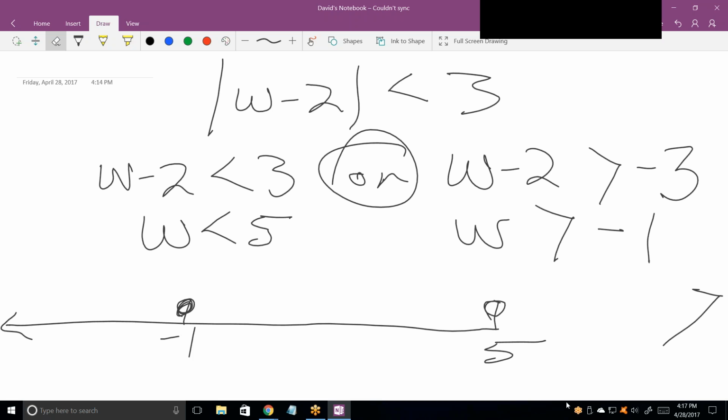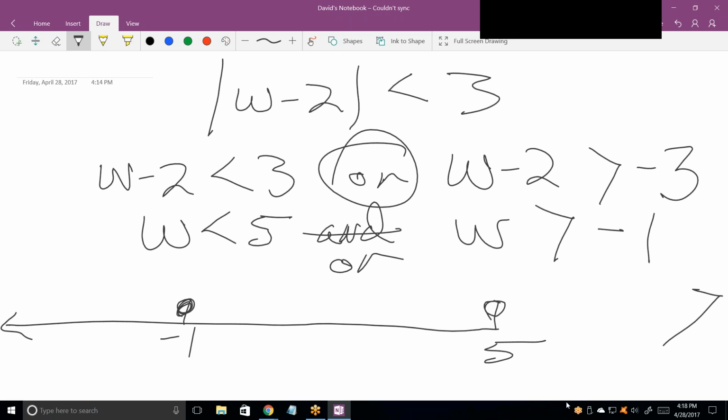They would have to say W is less than 5 and W is greater than minus 1. Well, that covers every number, right? Right. In other words, 100, that's greater than minus 1. But if it's an or, then it's strictly the place in between.